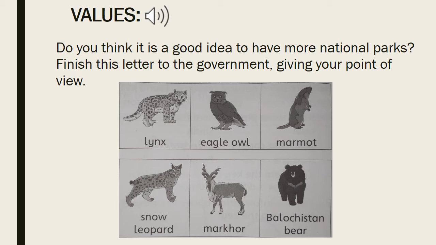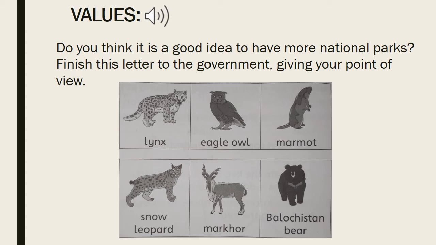Now let's start it. Our government has decided to make more national parks in Pakistan. A national park is a place where the animals and plants that live there are protected, looked after so they are not harmed. Okay, so as I told you, a park is a kind of artificial park that is made by the government or the people. That is not natural, that is not God gifted.